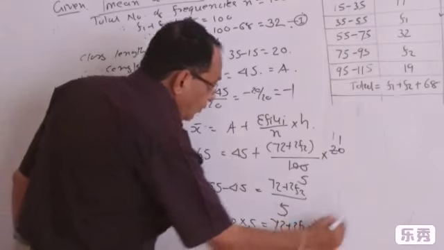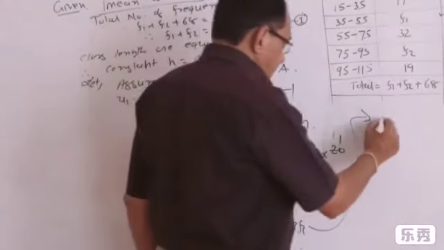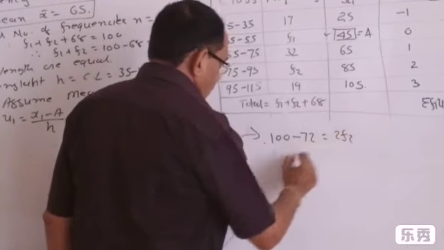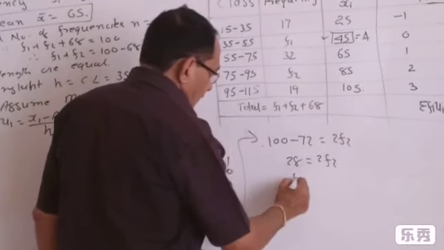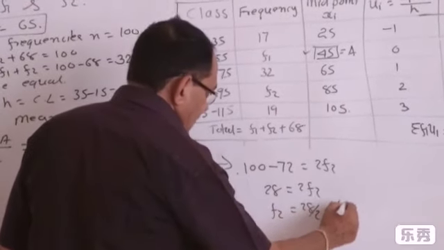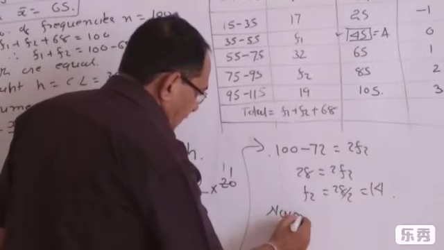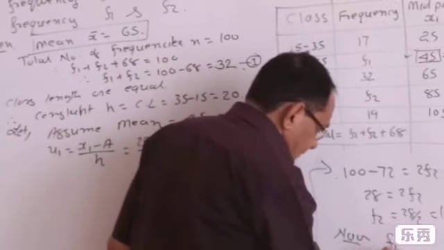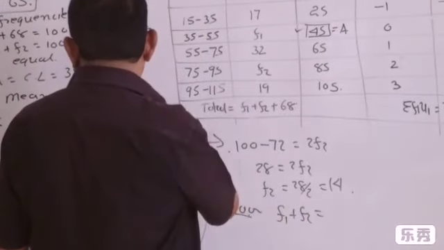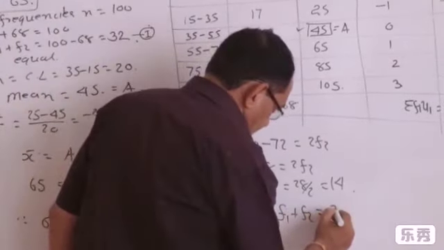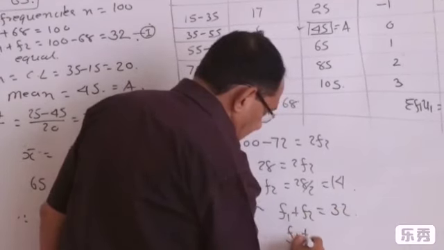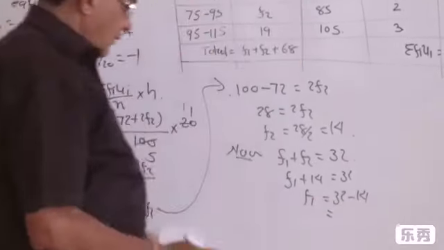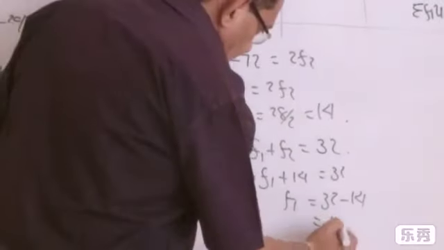So 100 is equal to 72 plus 2f2, so 100 minus 72 is 28, which is equal to 2f2. f2 is equal to 28 divided by 2, which is 14. Now in equation number 1 we put the value of f2 to get f1. f1 plus f2 is equal to 32, so f1 plus 14 is equal to 32. f1 is equal to 32 minus 14, which is 18.